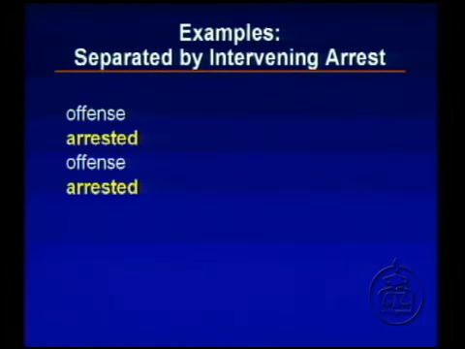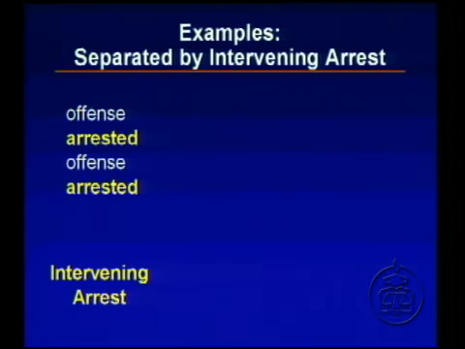So, for example, if in the past a defendant committed an offense and then was arrested for that offense, then committed another offense and was arrested, those are offenses that were separated by an intervening arrest. Each of the resulting prior sentences from those offenses will receive criminal history points.